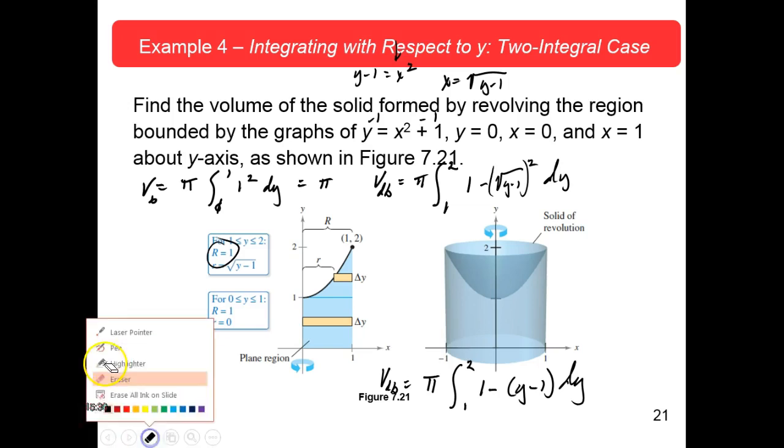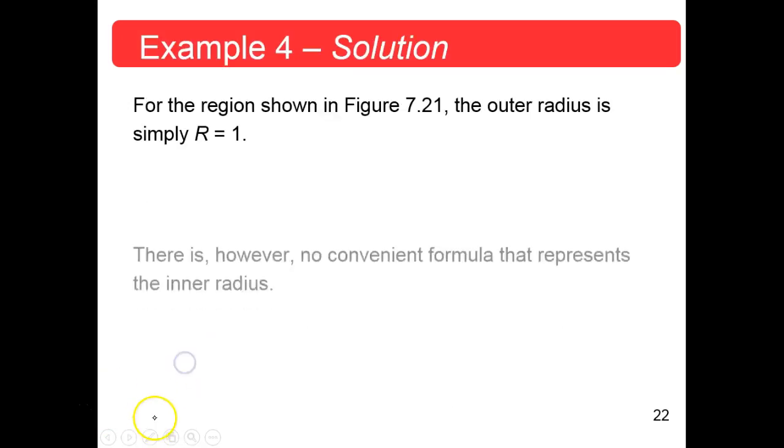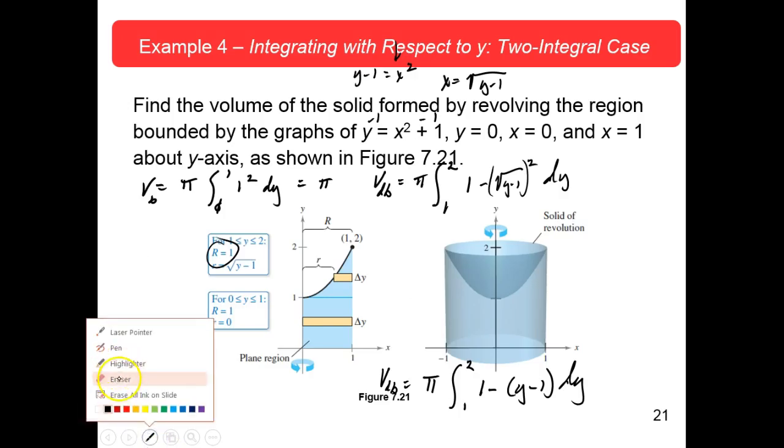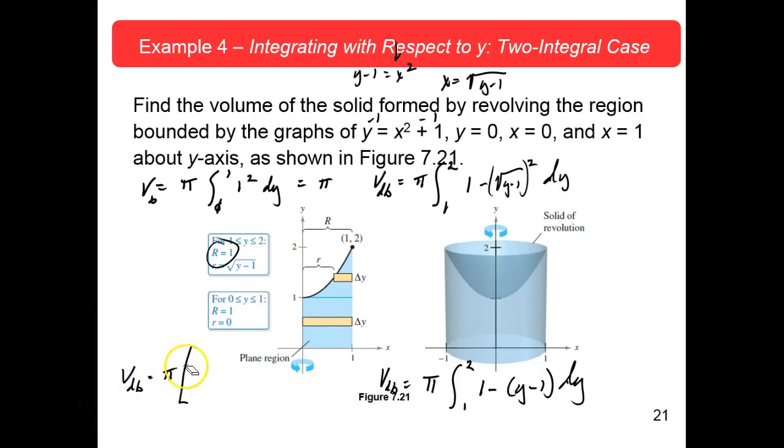What I was going to do is erase this. It's supposed to be erasing. Okay, there we go. All right, let's get the pen back. Integral from 1 to 2 of, what did you say? 2 minus y dy.